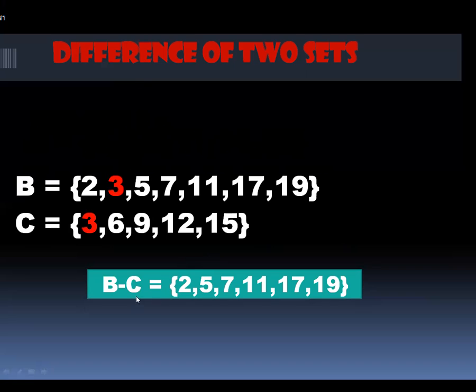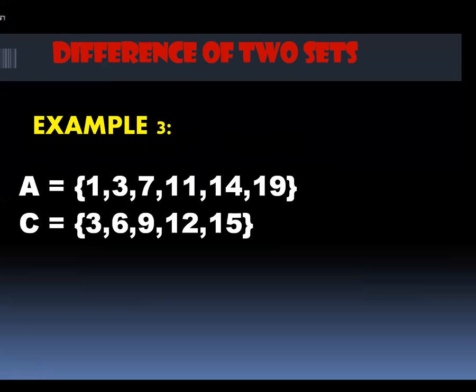So we're just going to write down that the difference of B minus C is equal to the elements that remain in the first set after finding their common elements. So this is how we find the difference of two sets.